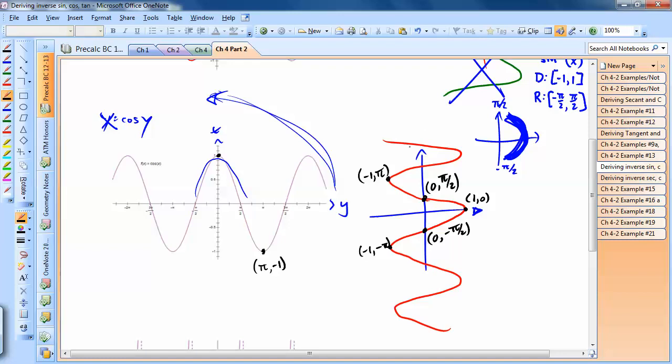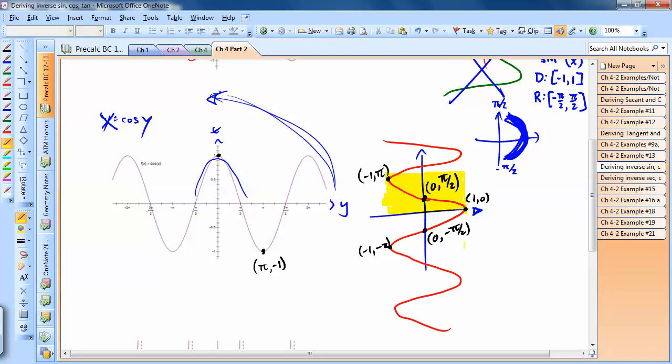Now the problem with this is it doesn't pass the vertical line test, but one region of it that does is this region right here. So we can take that region and define that to be a cosine inverse function.